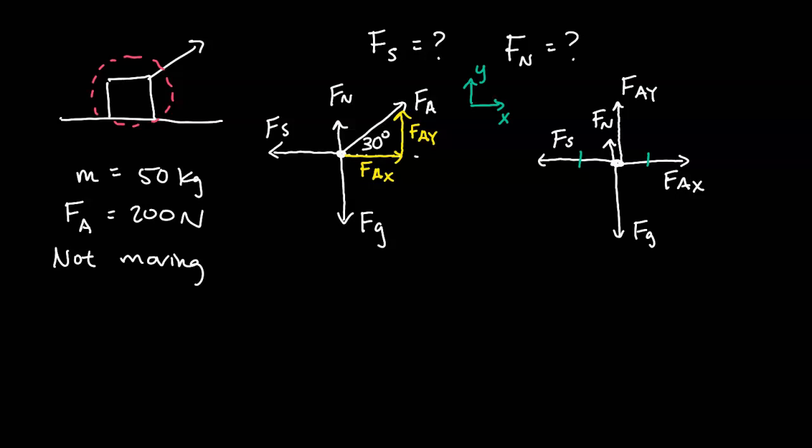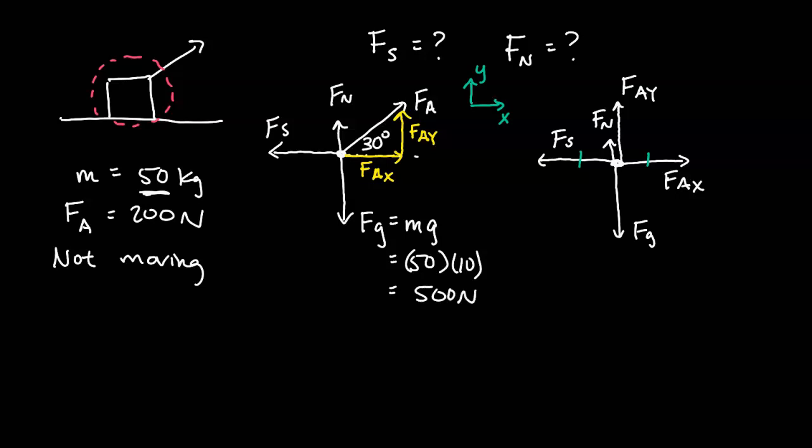As far as numbers, we can also write down the gravitational force, because gravitational force is just the mass times g. G is 9.8. Oftentimes we'll round that to 10. So the gravitational force is the mass, which is 50, times 10, and that gives us 500 newtons.